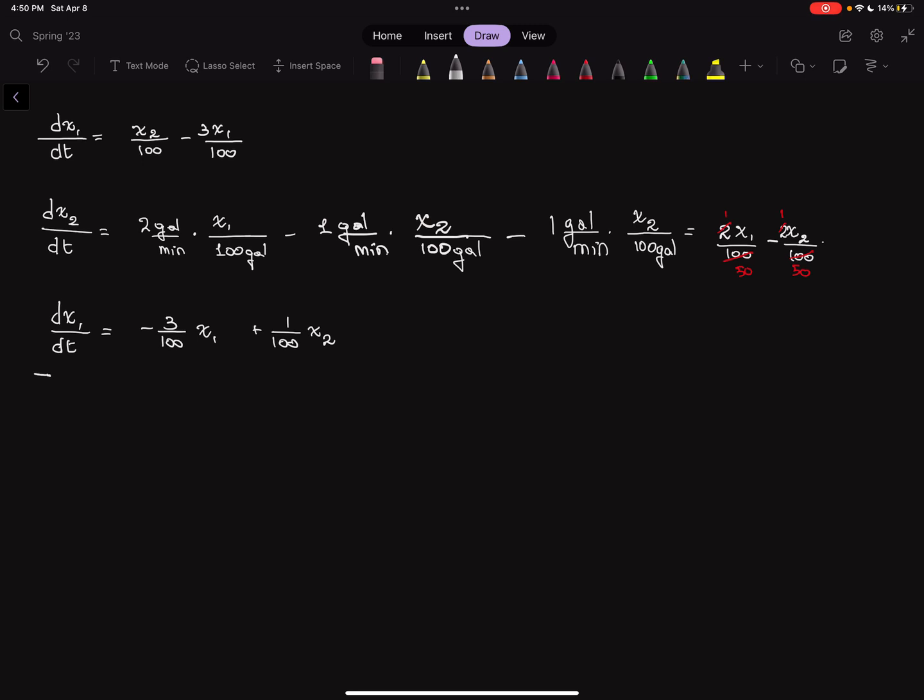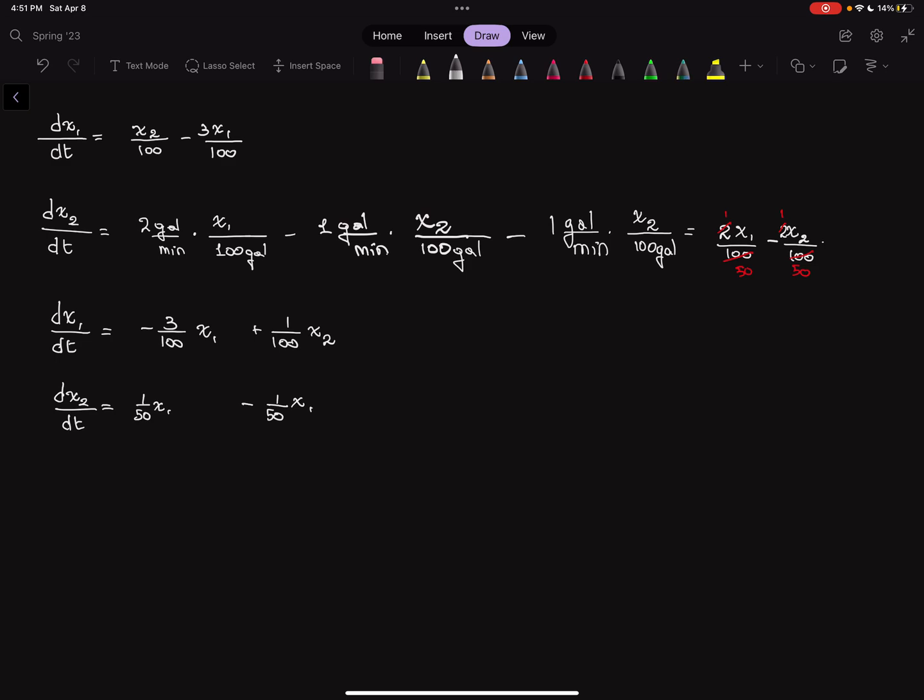My other rate is going to be dx sub 2 over dt. That's going to be equal to what we had over there: 1 over 50 x sub 1 minus 1 over 50 x sub 2.